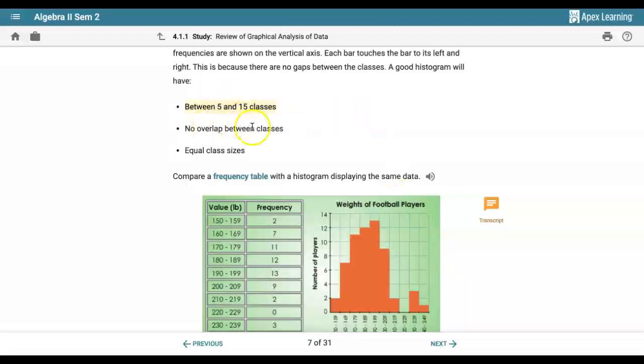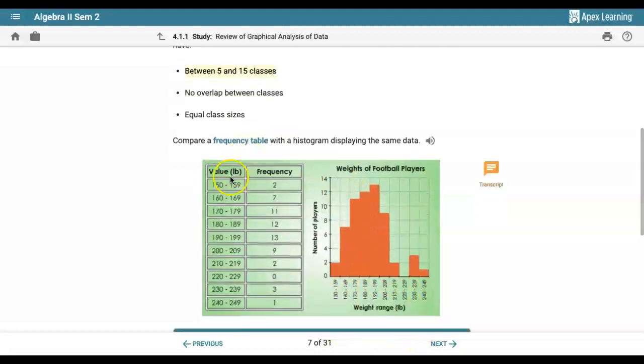Another thing is no overlap between classes. You cannot have an overlap. We have to make sure that each of the bars are specific, and you'll notice it's a bar. That's why there's such an abrupt change, because each bar goes with each class on the bottom. And then finally, equal class sizes. We have to have equal class sizes to make it a readable graph with general trends.